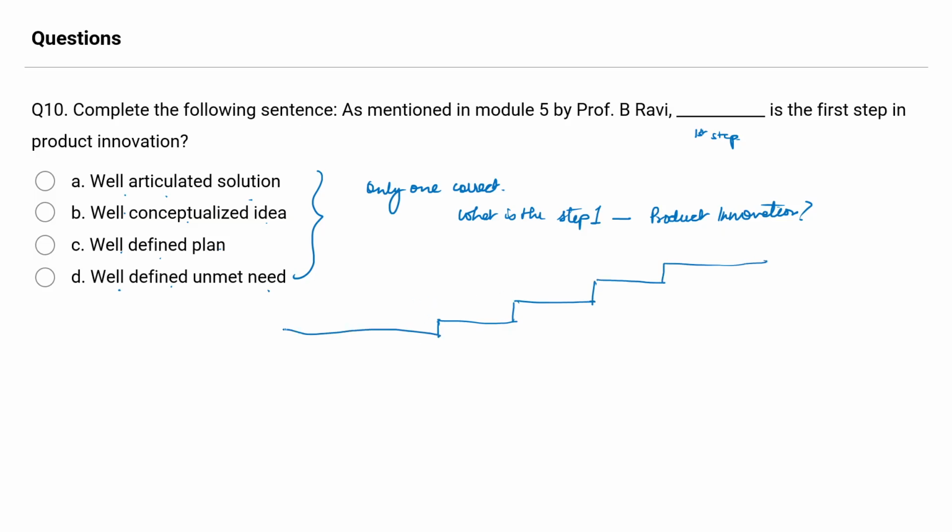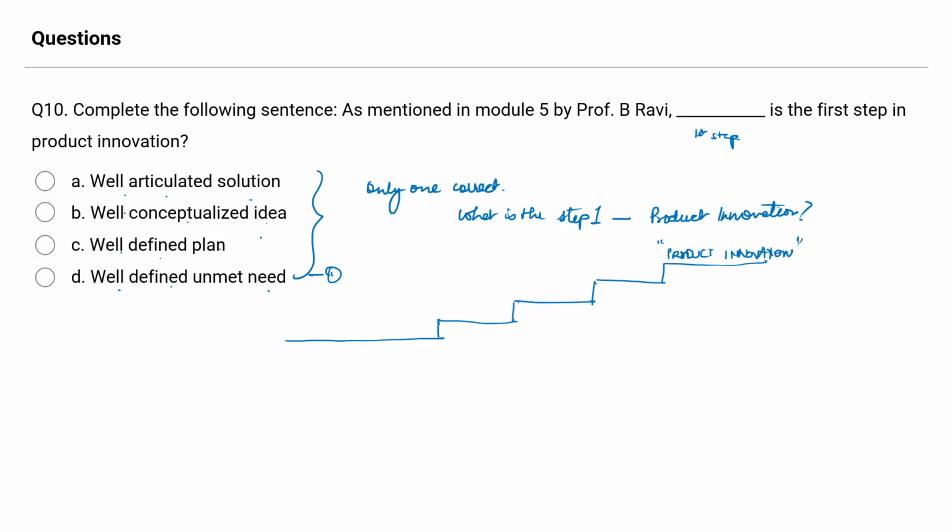You have to tell me what is the first step. Which among the following? I've got one vote for option D. Considering this is product innovation, you have to tell us the first step. What is the first step for product innovation?